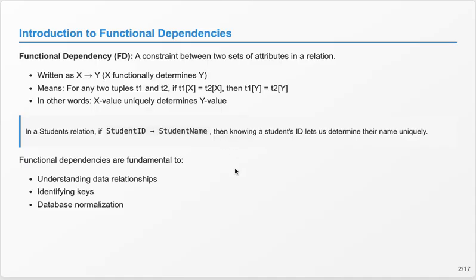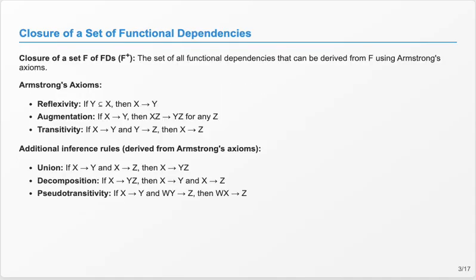Functional dependencies are the backbone of understanding data relationships, finding keys, and normalizing databases. We'll talk more about normalization in future lectures. So in this lecture, let's first talk about the closure of a set of functional dependencies, denoted by F plus or F closure.